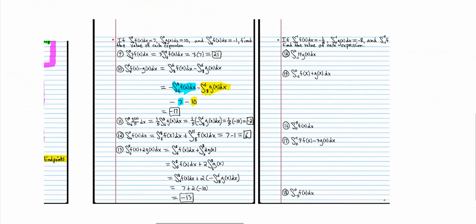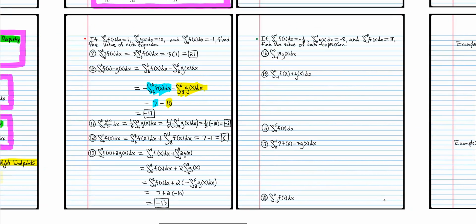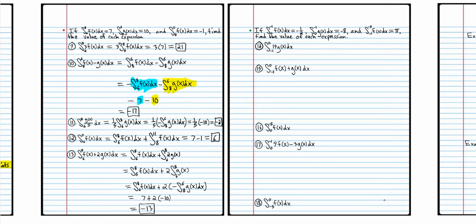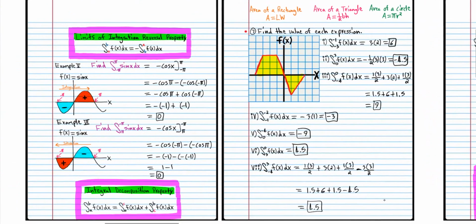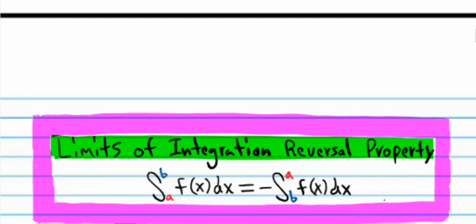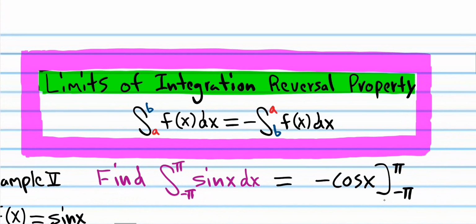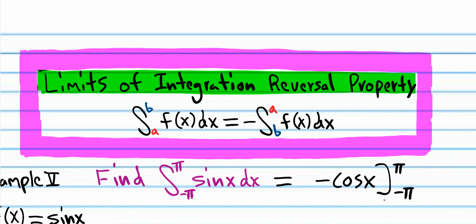Okay, so I'm going to leave those in the window, and I want you to try some problems. But I'm going to give you one more chance to take pictures of these properties here. So you have this property, if you haven't got a picture of that yet.